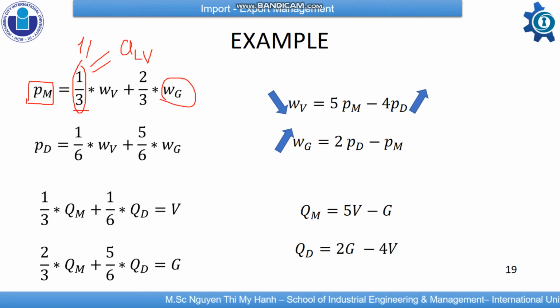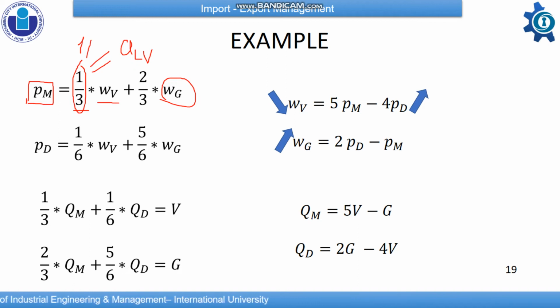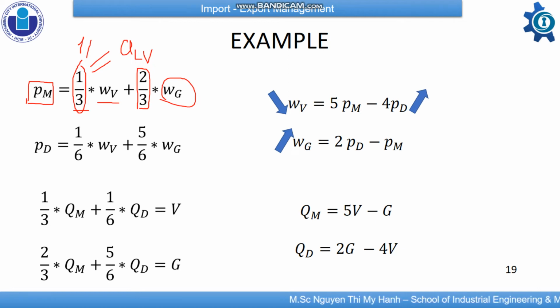One third times the wage of producing vermouth, and two-thirds times the wage of producing gin. Okay, this one is ALG.